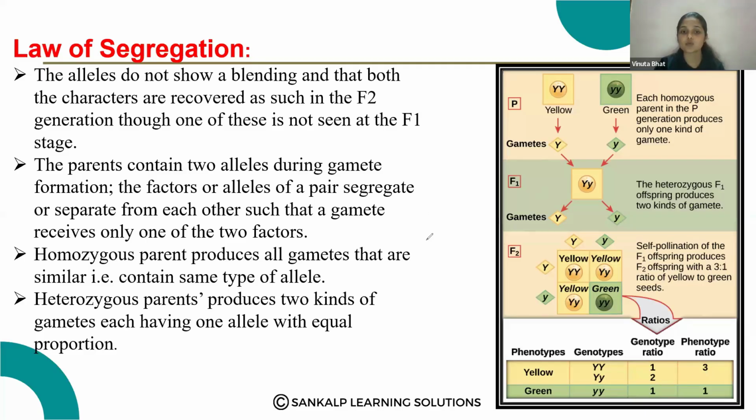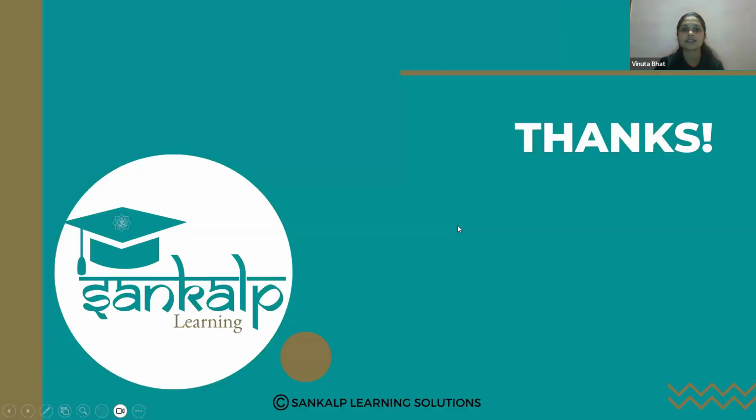So that is the law of segregation proposed by Gregor Johann Mendel. This law is also based on the monohybrid cross experiment. Thank you.